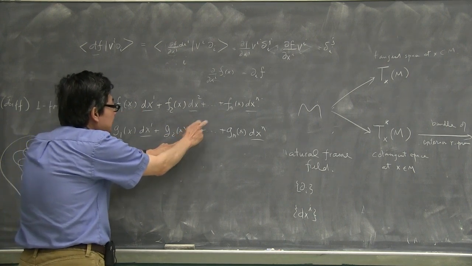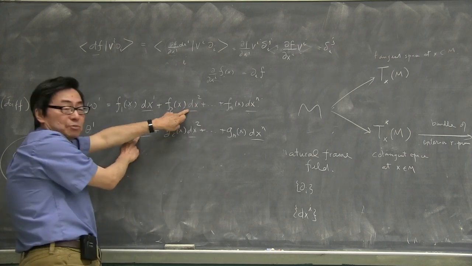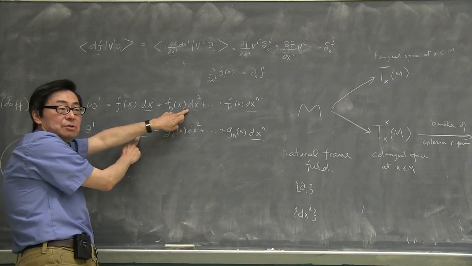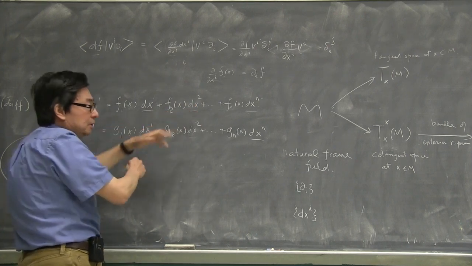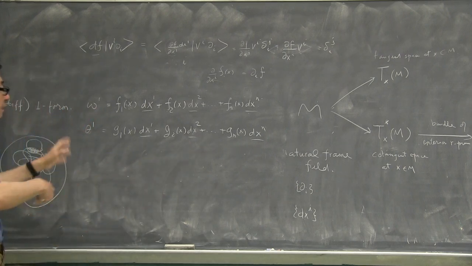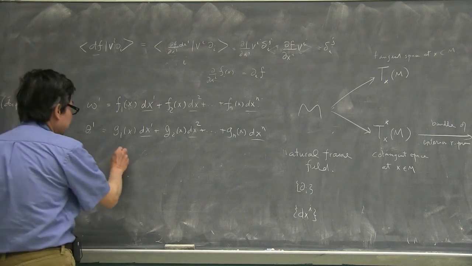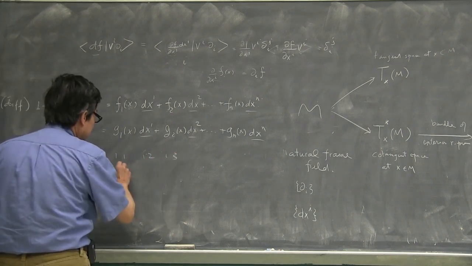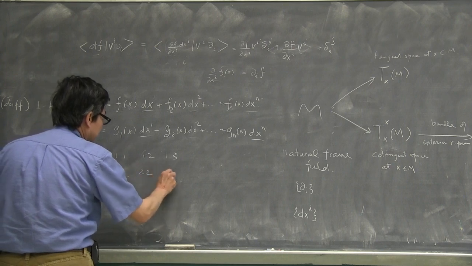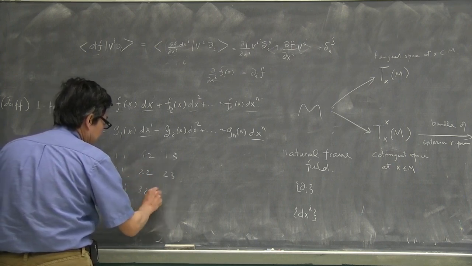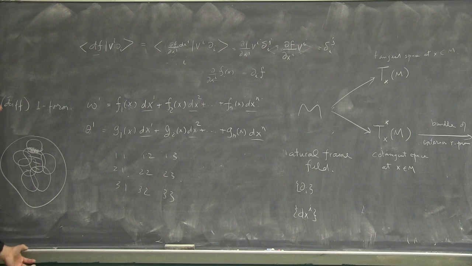Or dx2 first and dx1 second, and so on and so forth. When you put the whole thing together, then 3 times 3 is 9 terms, okay? So you would have things like 1,1, 1,2, 1,3, 2,1, 2,2, 2,3, 3,1, 3,2, 3,3. Okay, there's no particular symmetry structure to this.